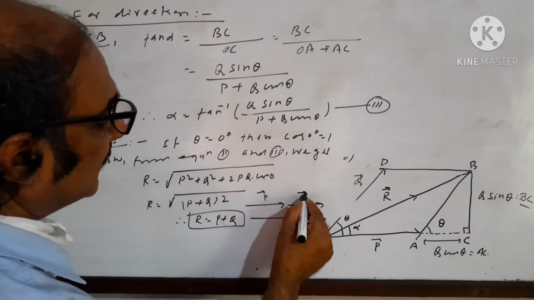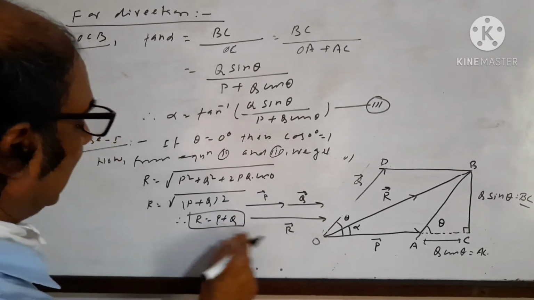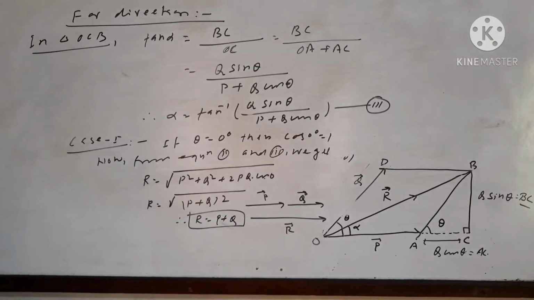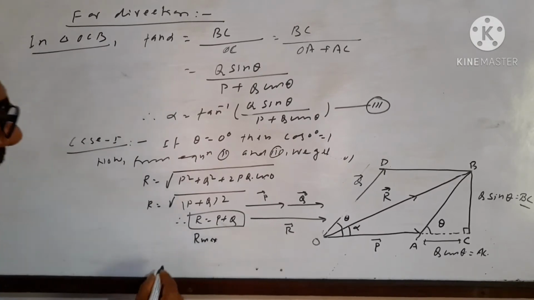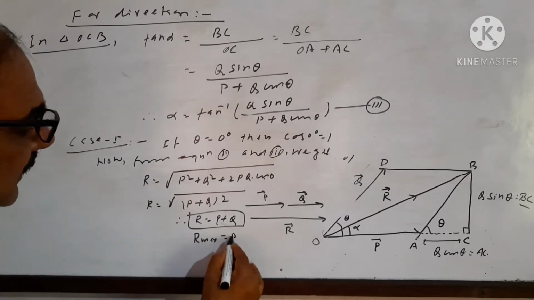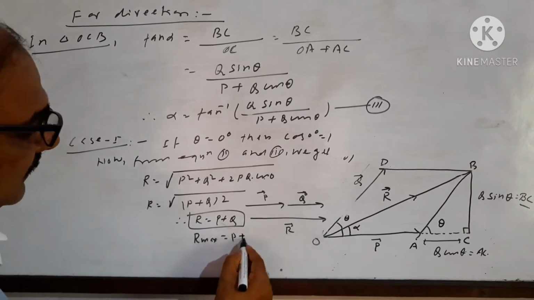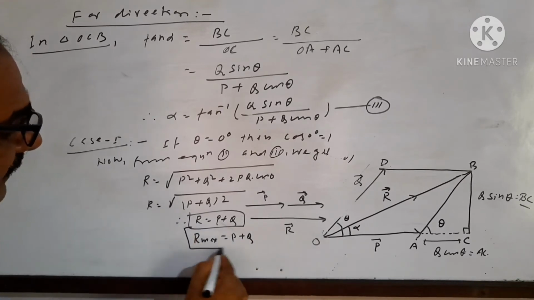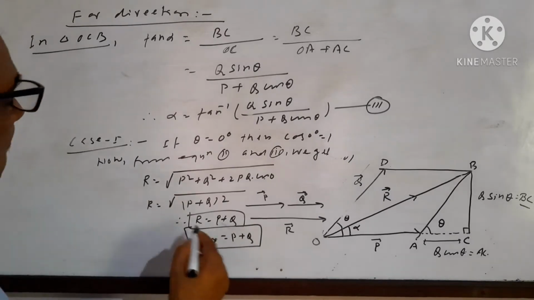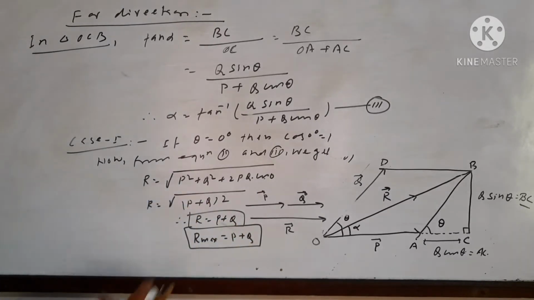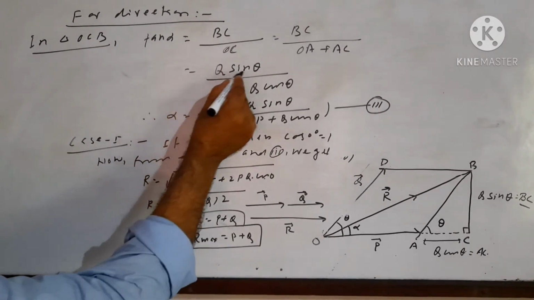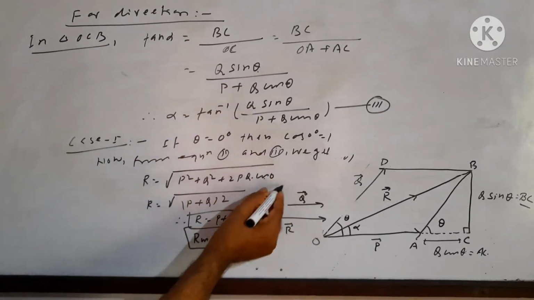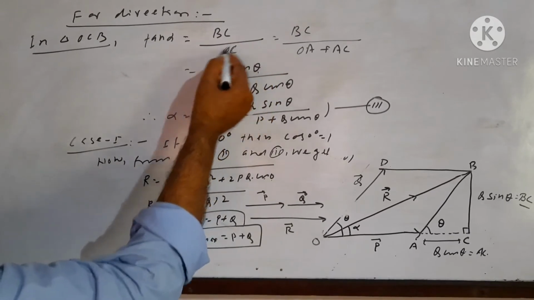So this is the vector P, this one Q, this one is the R. The magnitude of R equals P plus Q when the two vectors act along the same direction, and that is also the maximum value. So the resultant or sum of the vectors becomes maximum when the two vectors act along the same direction, and then R max equal to P plus Q. And here for alpha, tan alpha equal to sin theta, and theta is 0 degree, so sin 0 degree is equal to 0.